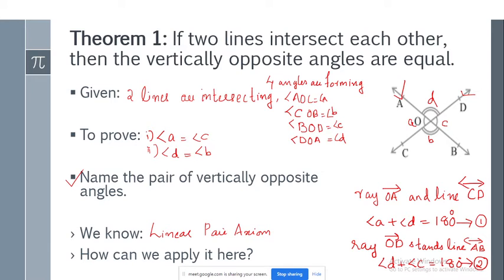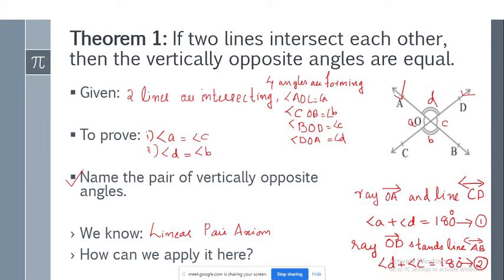So, from equation 1 and 2, can we equate equation 1 and 2? Yes, ma'am. Why can we do that? See, common is there, no ma'am? Common arm. Okay, which is the common here? This is equation 1, this is equation 2.